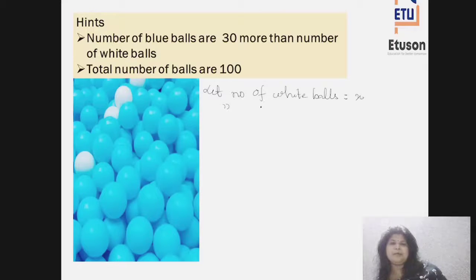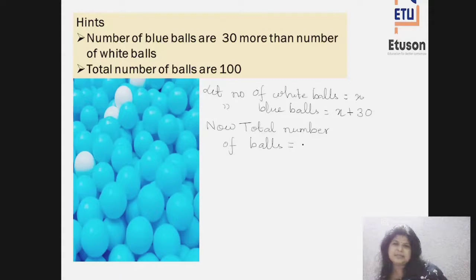Then the number of blue balls is equal to x plus 30. Now, the total number of balls, how much will it be? It is x plus x plus 30. Correct or not? So that is equal to 2x plus 30.